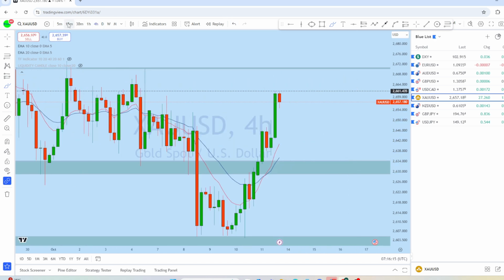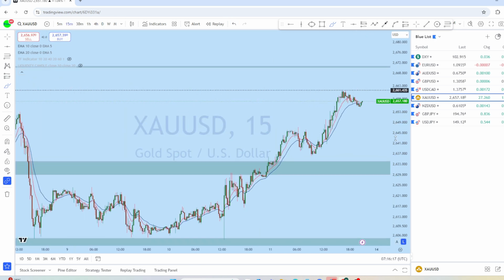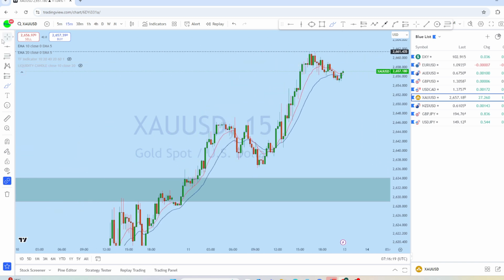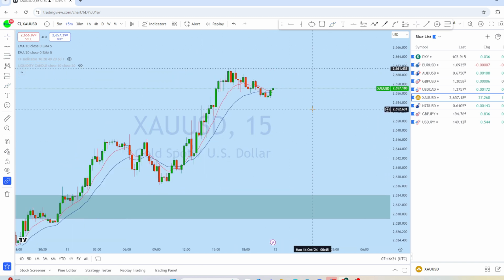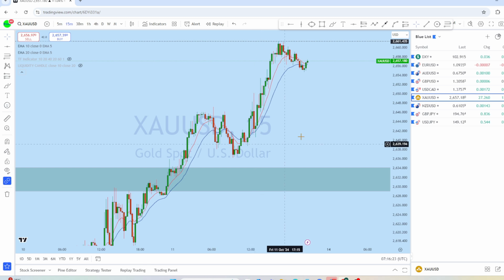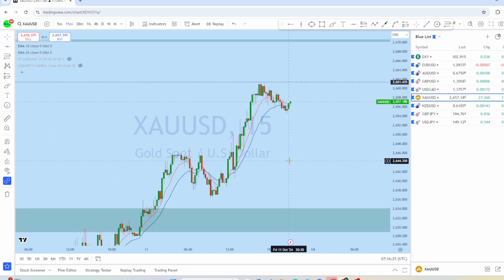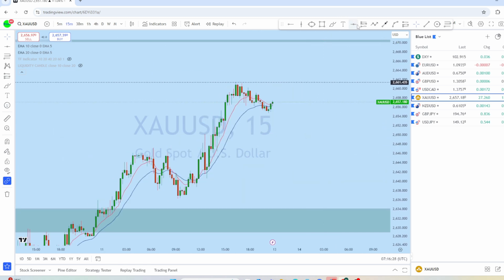Now, looking at the 15 minutes from a day trading perspective to see how XAUUSD is evolving here, I think there might be a potential downside. On XAUUSD, we can see that this is a bull flag, and this bull flag still has not been properly broken towards the downside.